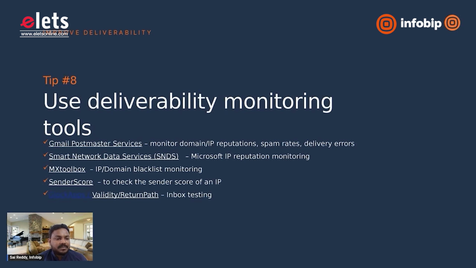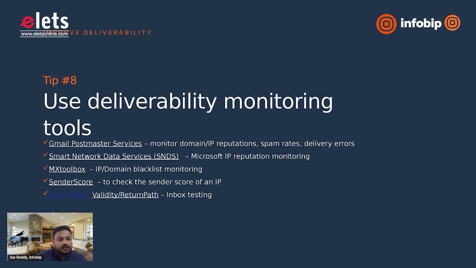The second one is Smart Network Data Services, provided by Microsoft for Hotmail, Outlook, and the other ISPs provided by Microsoft. It will help you to monitor the IP reputation, whether it is good, bad, or medium, and it will also give you the spam trap hits, how many hits were sent on that day. And the third one is MX Toolbox. It will help you to monitor the IP and domain blacklist, and you can work on the delisting process there.